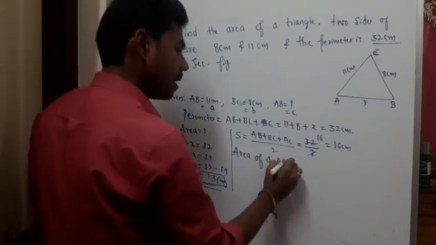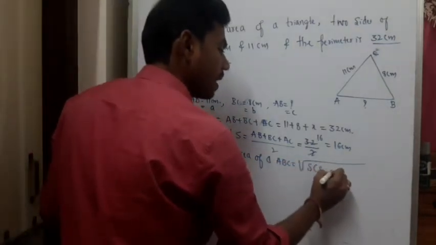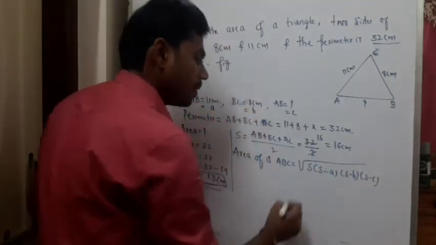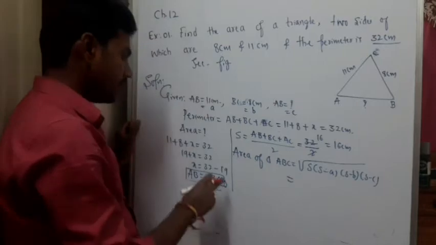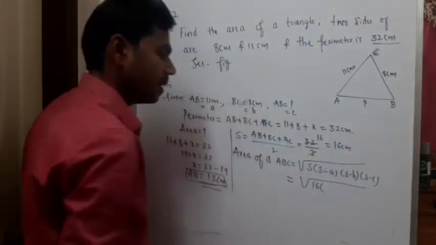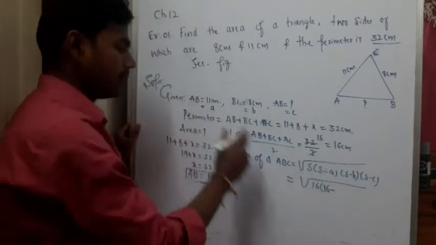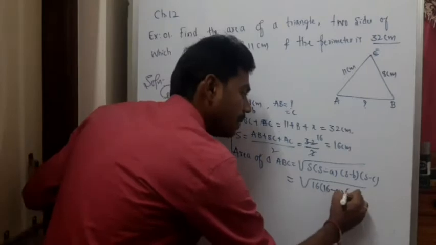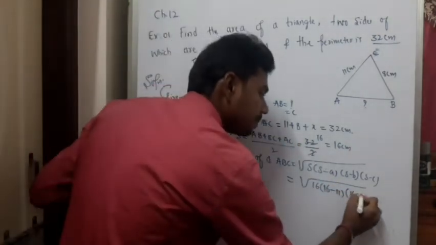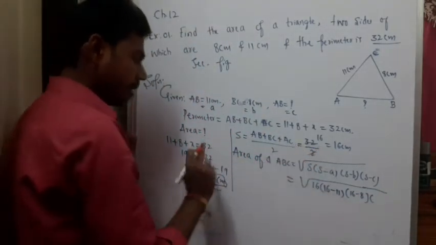Fine. Now the area of triangle ABC is equal to square root of S into S minus A into S minus B into S minus C. So what is S here? S is 16. 16 into S minus A, where A is 11 centimeter, 16 minus B, that is 8, S minus C, where C is 13.